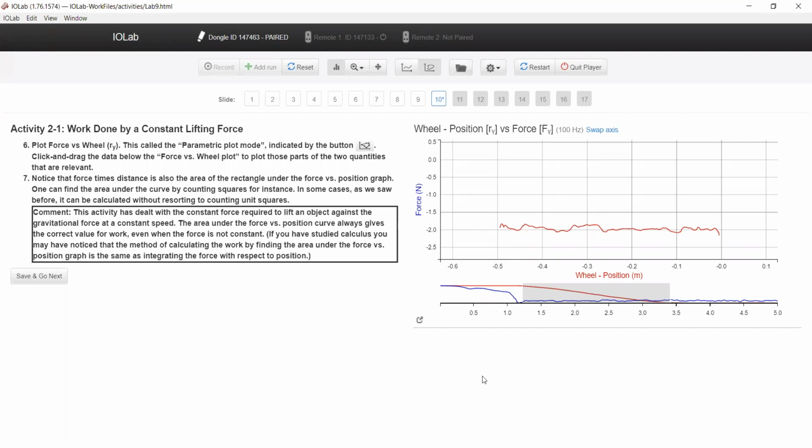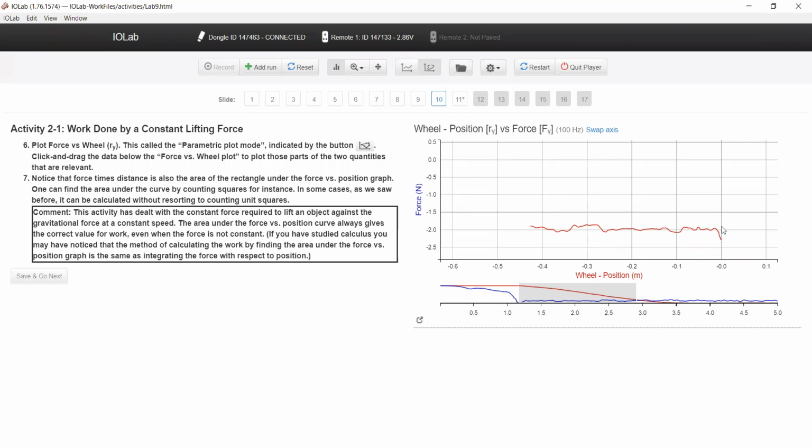Then you can click on save and go next. You may find the area by counting the squares, as has been said, or you can just find the area of the rectangle.